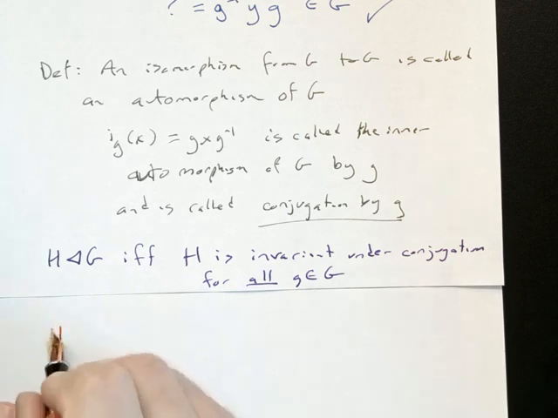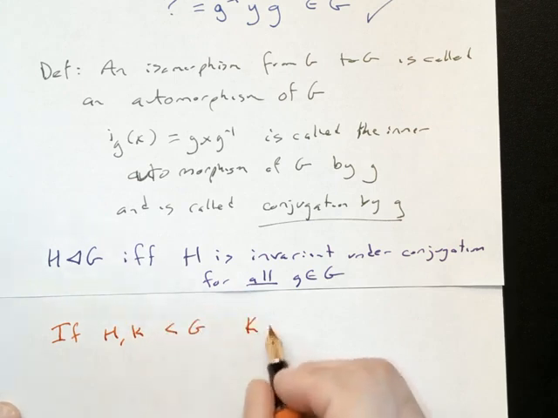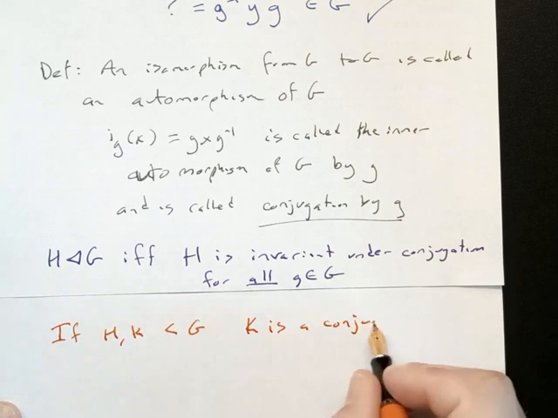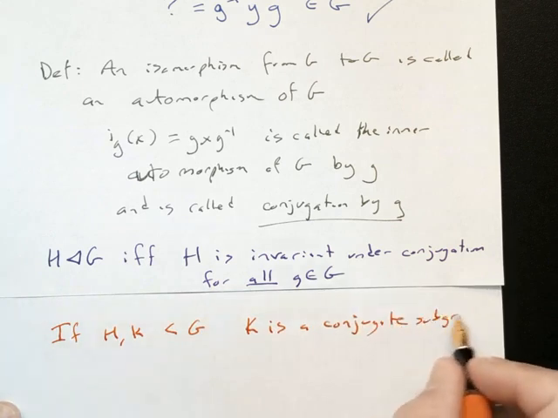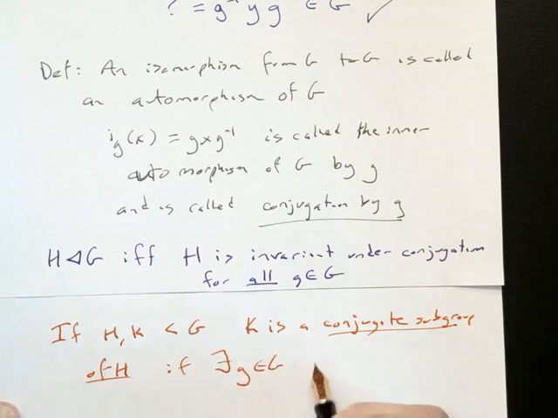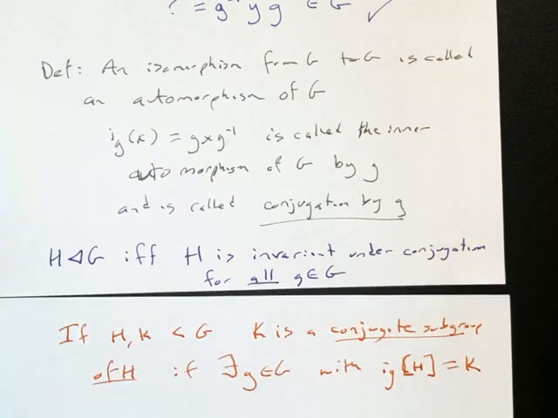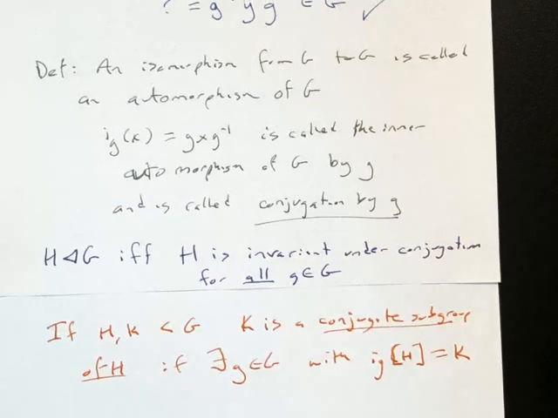If H and K are both subgroups of G, K is a conjugate subgroup of H if there exists g in G with IG of H equal to K. A normal subgroup is conjugate only to itself.